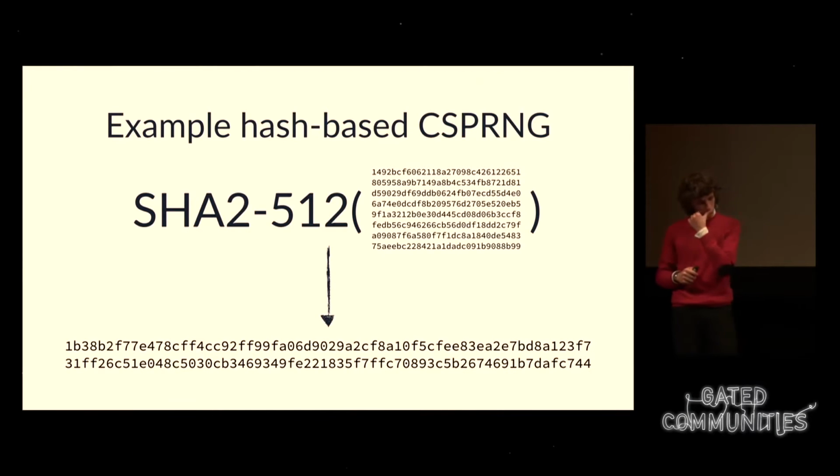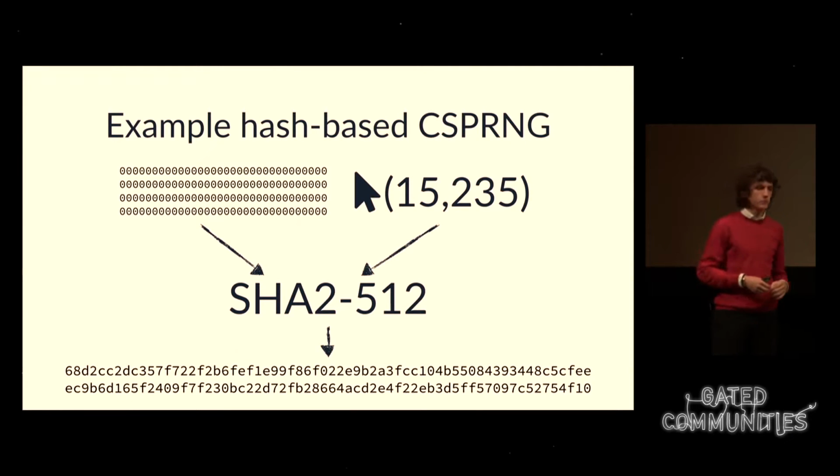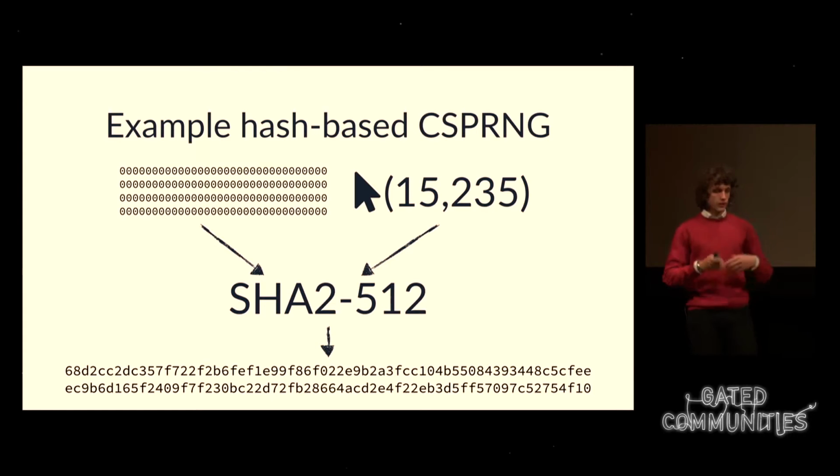So this is how it works. We start with a pool. We call pool an array of bytes, and we fill it with zeros to start. Then every time a new event comes in, for example, you move the mouse around, we take that event, we serialize it to some binary format, doesn't really matter.